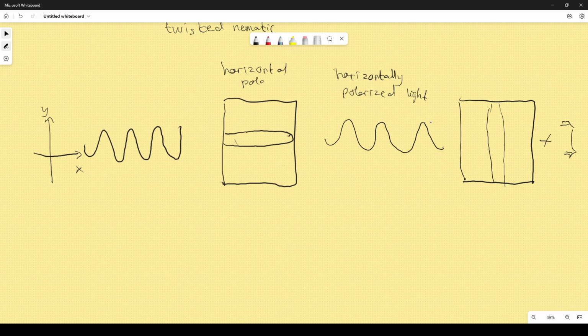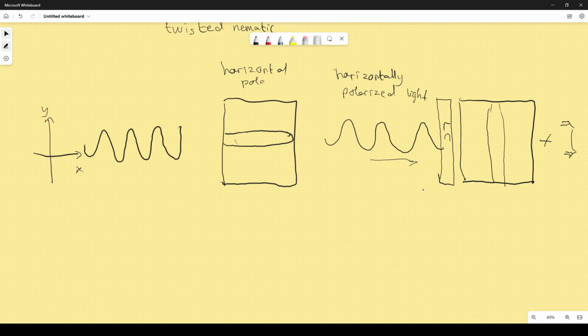But if we place a liquid crystal in between these polarizers, let's say I have this really thin liquid crystal, then the liquid crystal will change the polarization of the light propagating through it.